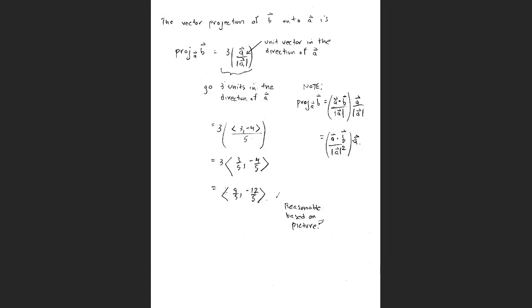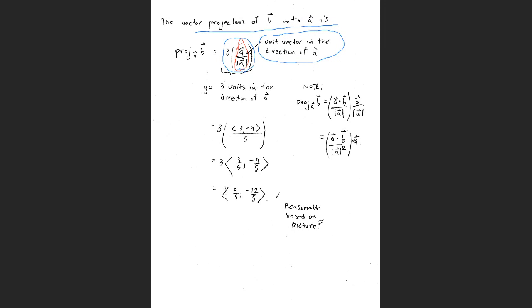The vector projection of B onto A is going to be equal to 3 times the vector A divided by the length of A. So it's going to equal 3 unit vectors in the direction of A. If you take the vector A and divide it by the length of A, you get a unit vector.